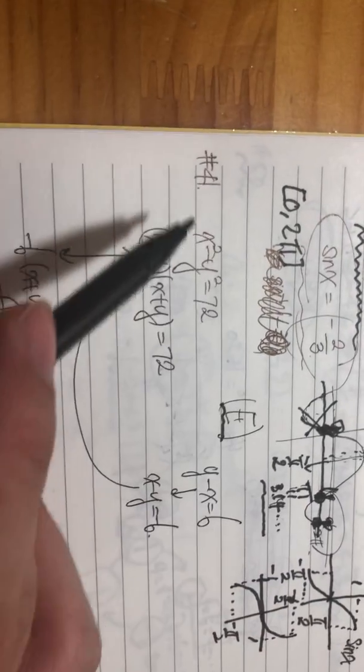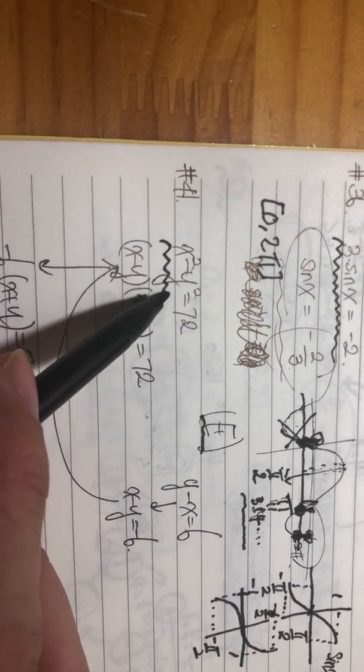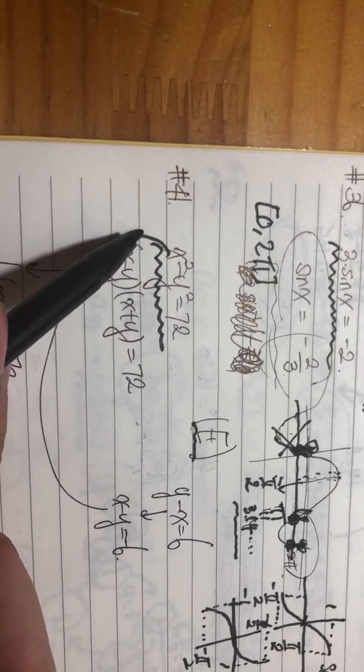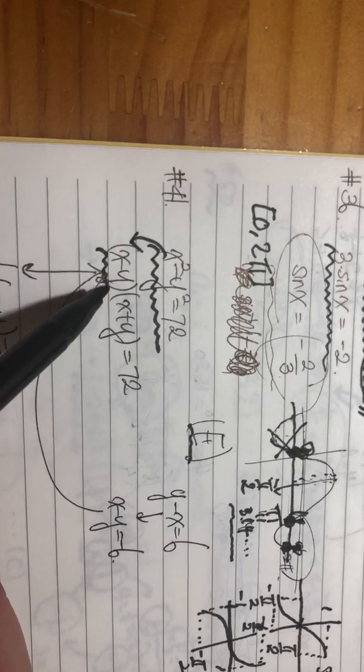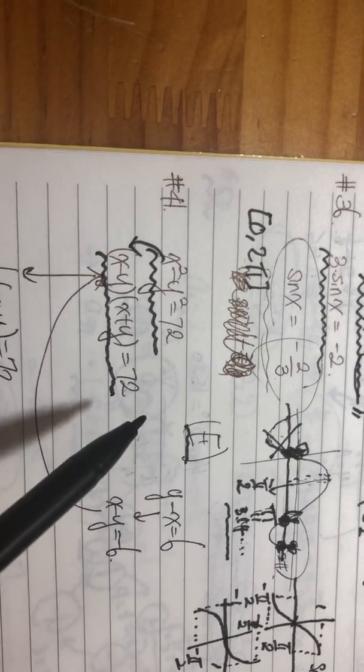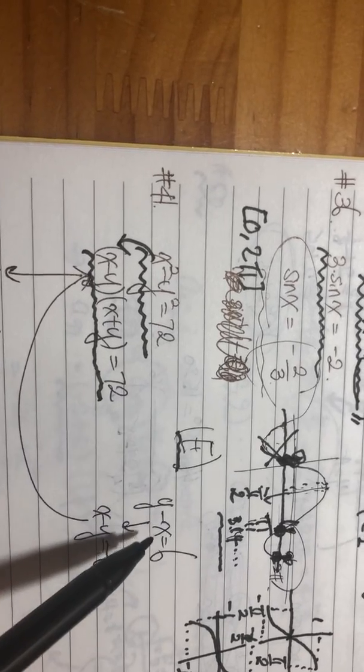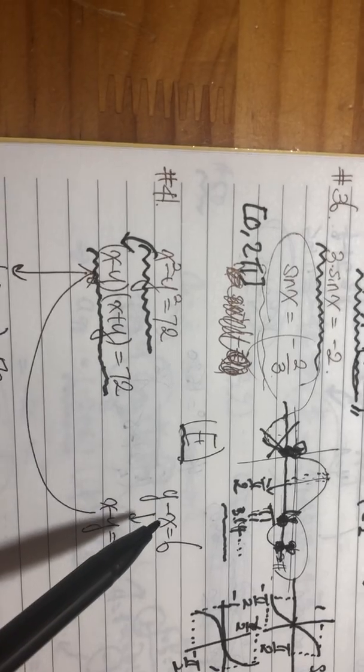Now 41, x squared minus y squared is 72. This is a difference of squares, so it gets simplified like this. But you have to realize that x minus y and y minus x are actually different. In fact, y minus x is the additive inverse of x minus y.